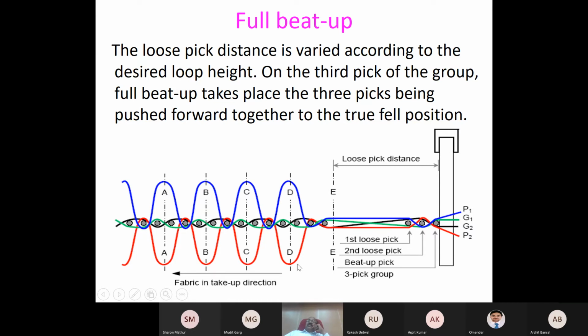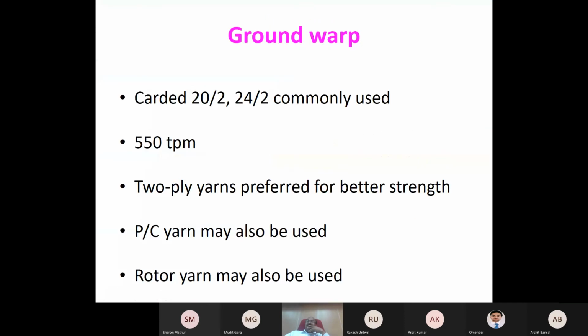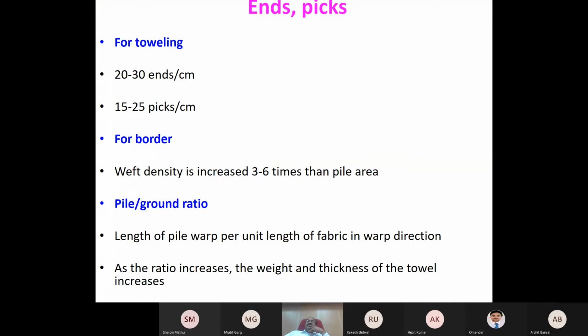So thickness of the towel and weight of the towel depend on the GP ratio, ground to pile ratio, and loop length, that is loose pick distance. Okay, so this is about warp, weft, and picks.